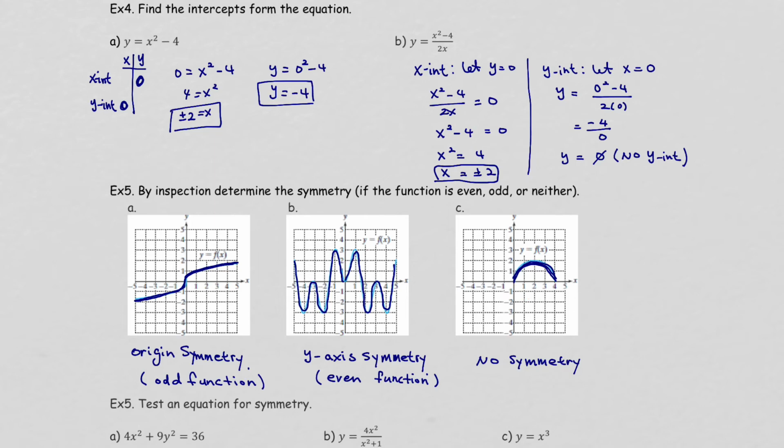If I had a graph in the third quadrant that matches this circle, like that, that will be origin symmetry. If I had exactly the same graph that matches in the second quadrant, that will be y-axis symmetry. But again, it wasn't there. So as it is, it's no symmetry.